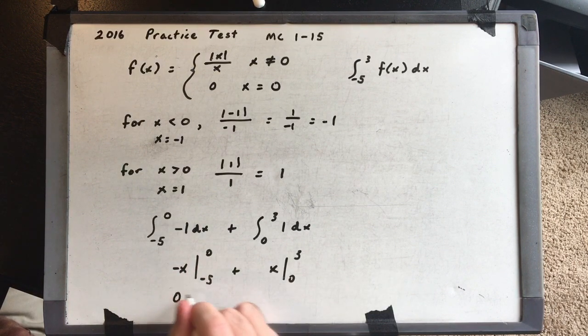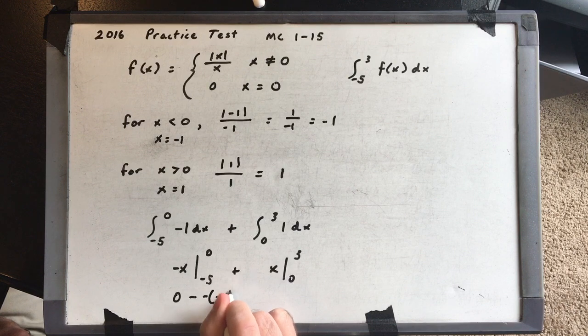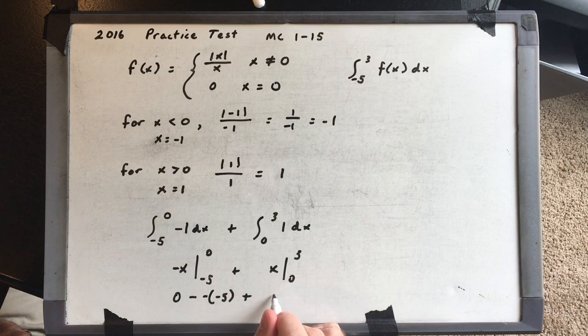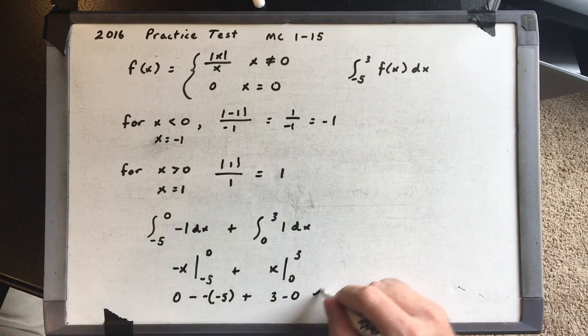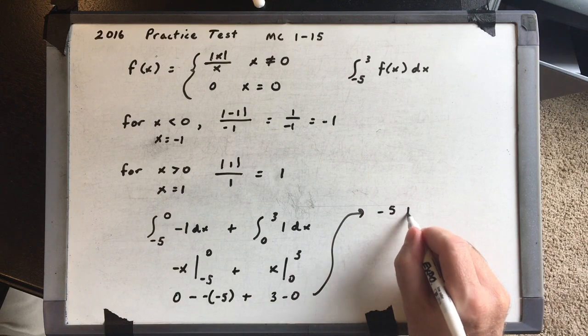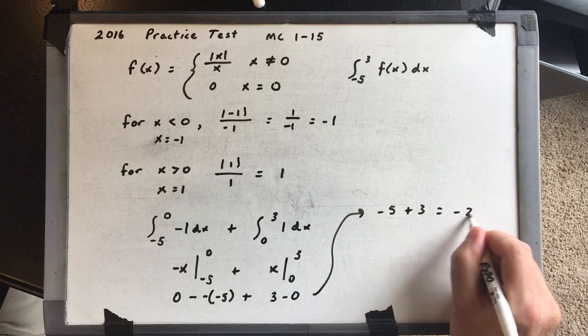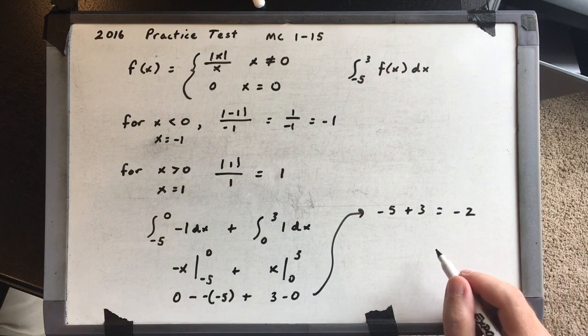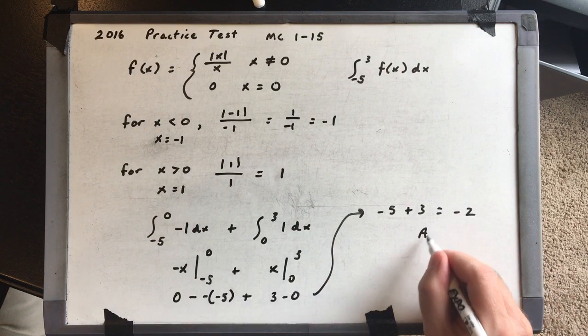So that's going to be 0 minus -5 (the negative sign carried through), so kind of confusing, plus 3 minus 0. All right, 0 plus -5 is -5, plus 3 is -2. So that is option A.